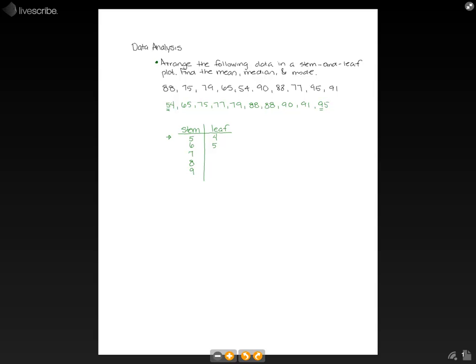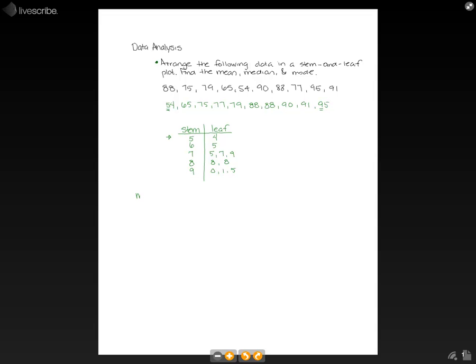For 7, we have 3 numbers, so we have 75, 77, and 79. So we have to write all the ones digits that correlate with the tens digit we're in. For 8, we have 88, and since it occurs twice, we have to write it twice. And for 9, we have 3 numbers in the 90s, so we have 90, 91, and 95. And that's how you construct a stem and leaf plot.